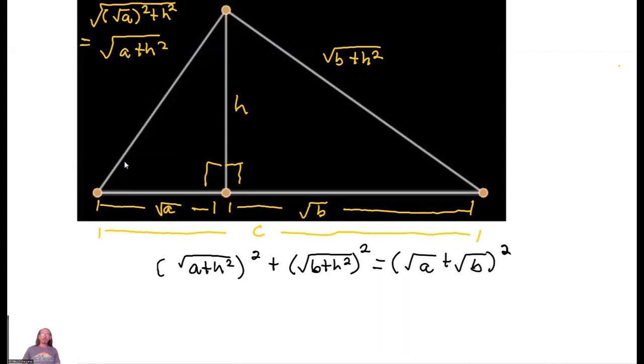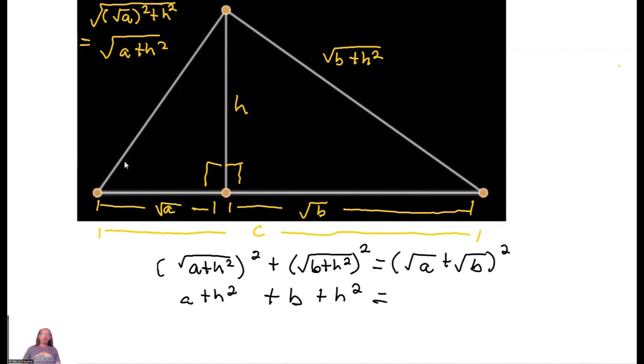So these squares will cancel out the square roots here because everything's under a square root. A plus h squared plus b plus h squared. On the other side, we need to be a little more careful, applying the binomial theorem, the formula from that.